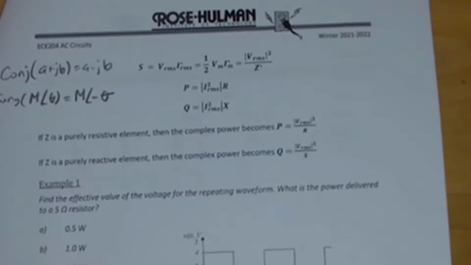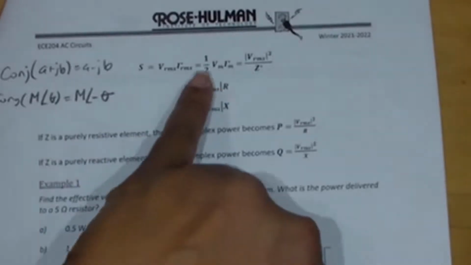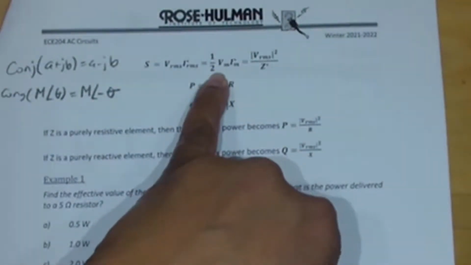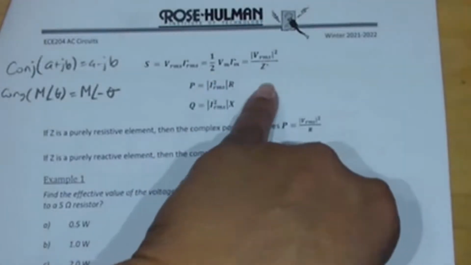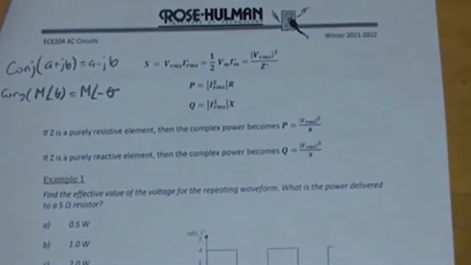Okay? The other formulas in terms of magnitude are 1/2 VM IM conjugate, or in terms of impedance, the magnitude of VRMS squared over Z conjugate. Any questions?